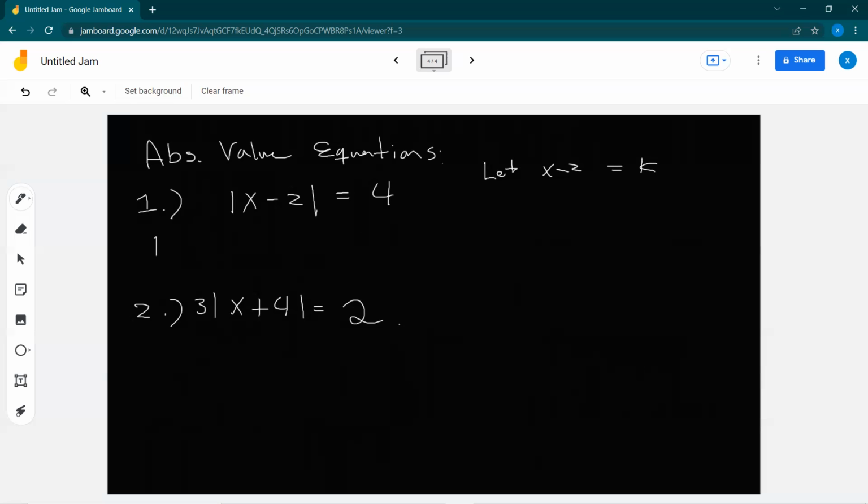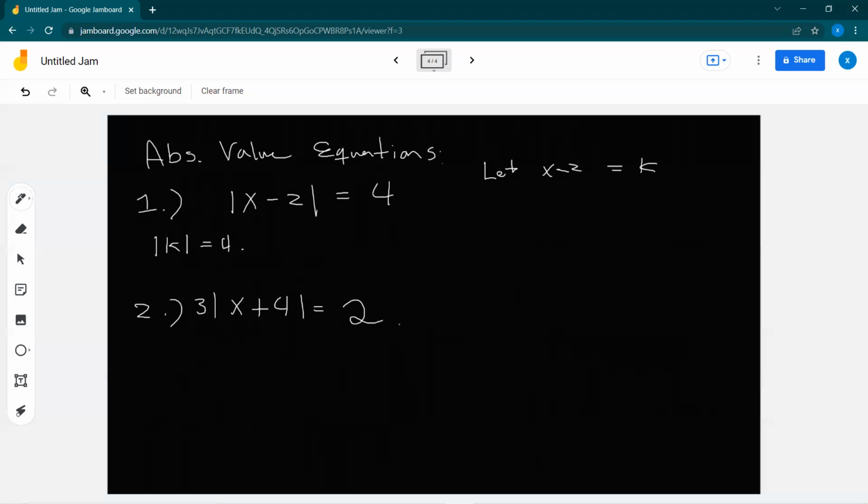So then I can rewrite this equation as the absolute value of k is equal to 4. If you remember the definition of the absolute value, we're assuming k is some number, then k itself could either be positive or negative.